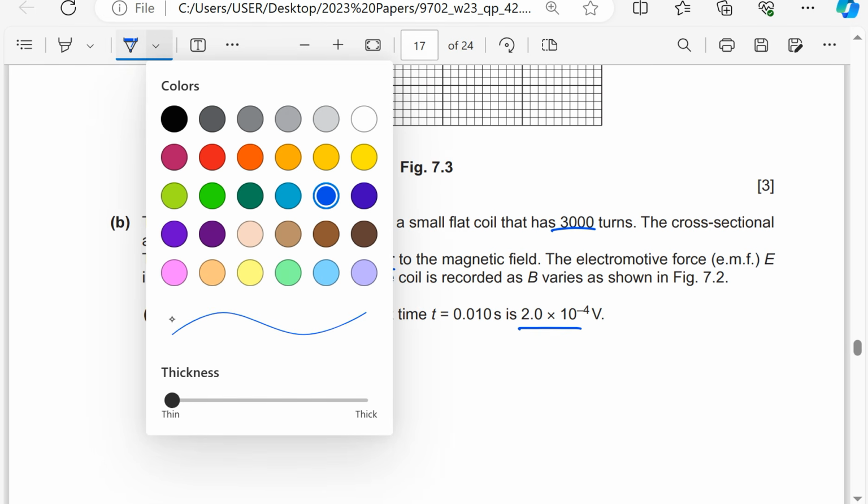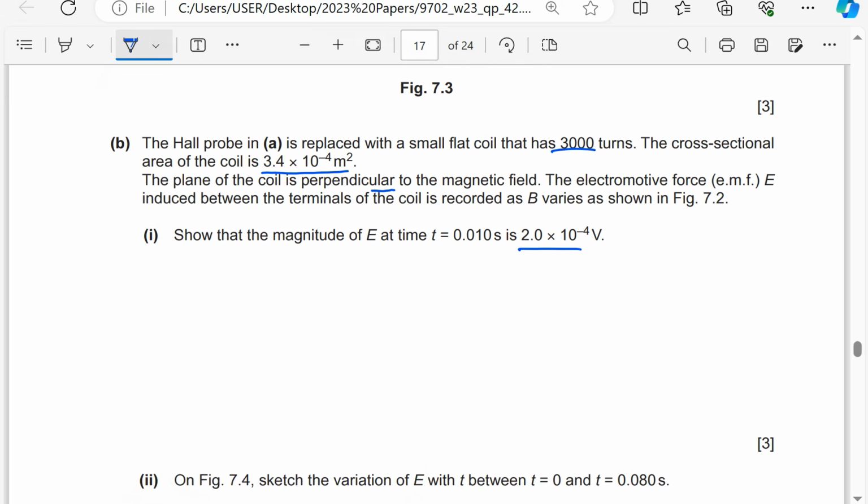I'll try to reduce the thickness first. So we know that the EMF is the rate of change of magnetic flux linkage.